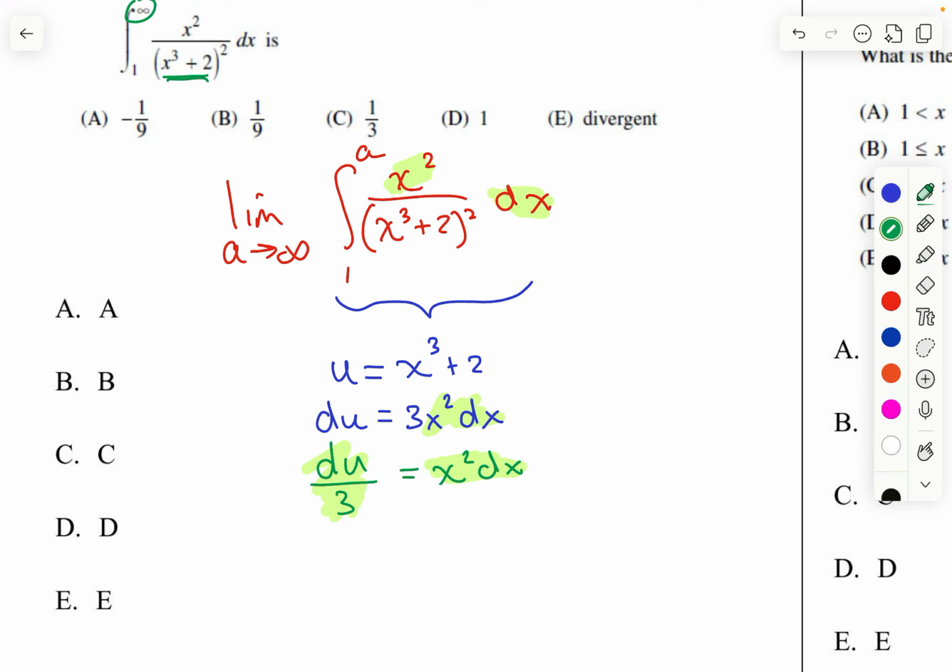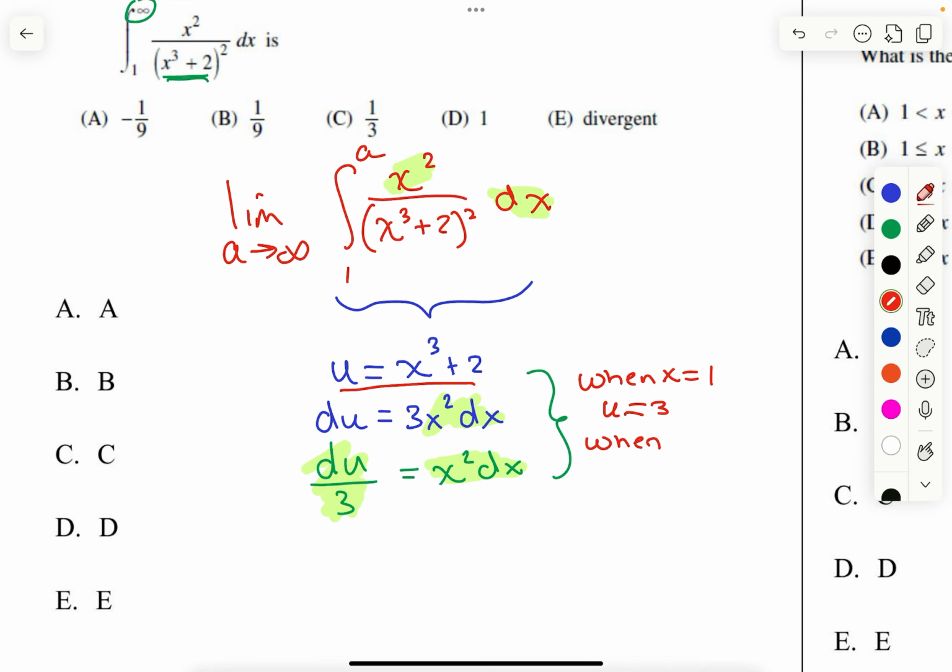And the only thing left to do is to note my limits of integration. So when x is equal to 1, according to this relationship, u is equal to 3. And when x is equal to a, u is equal to a cubed plus 2.